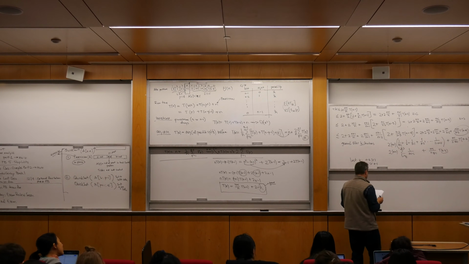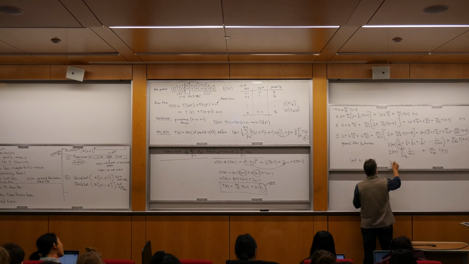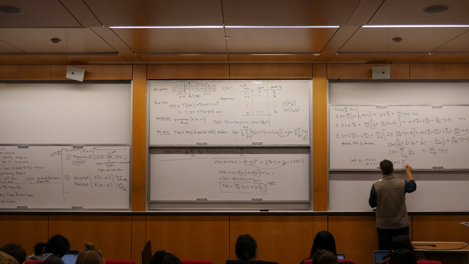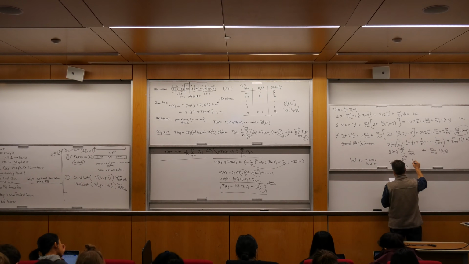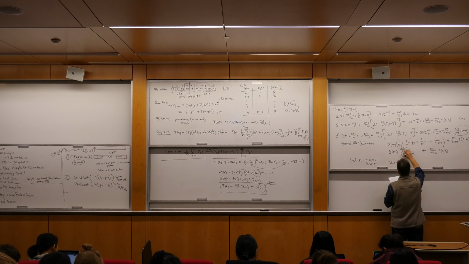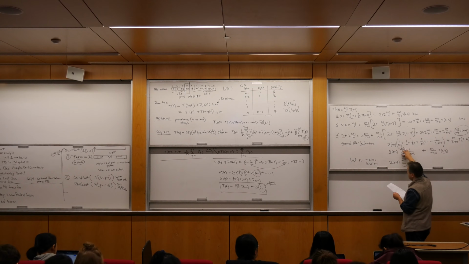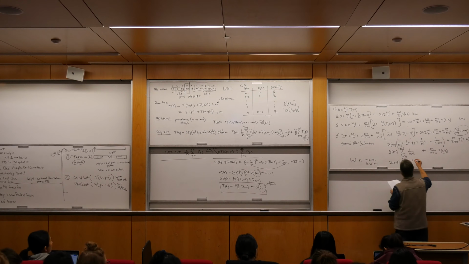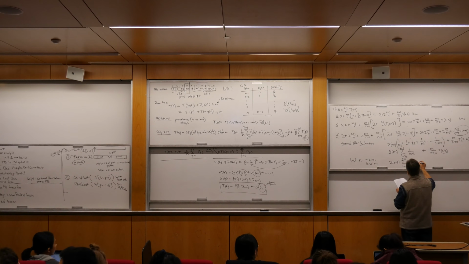And if I plug this in there, I get 2 times n plus 1, sum from I equal 0 to n minus 2 of, this is not n minus 2, this is k minus 1 over, 1 over n plus 1 minus I, plus n plus 1 divided by 2.